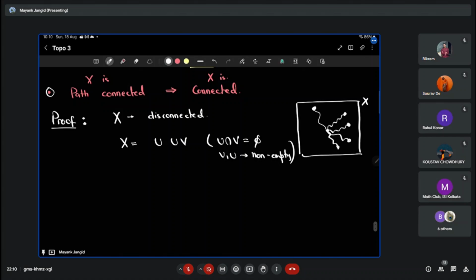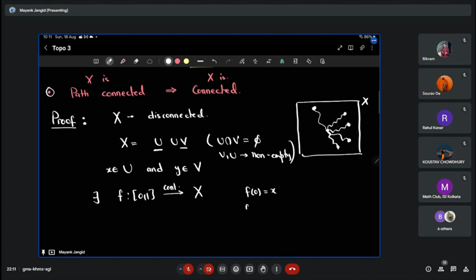But the space is given to be path connected, and since u and v are non-empty, I can find a point x in u and a point y in v, and by the path connectedness of the space, there exists a map f from 0 comma 1 to x such that this is continuous and f of 0 is equal to x, f of 1 is equal to y.